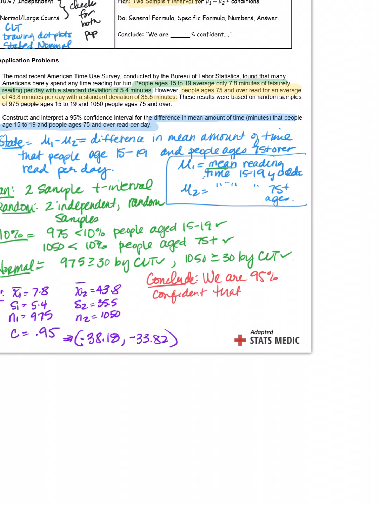Confident that the interval negative 38.18 minutes to negative 33.82 minutes captures. Here's where I would jump back to my parameter statement in the state step and just rewrite it.